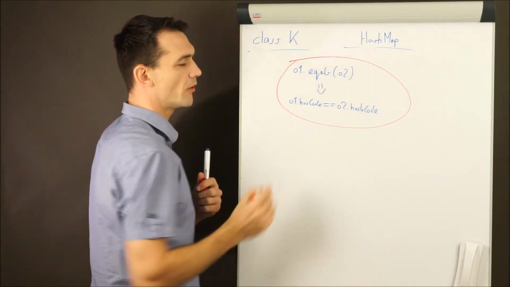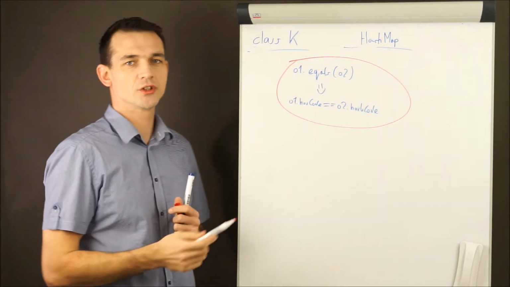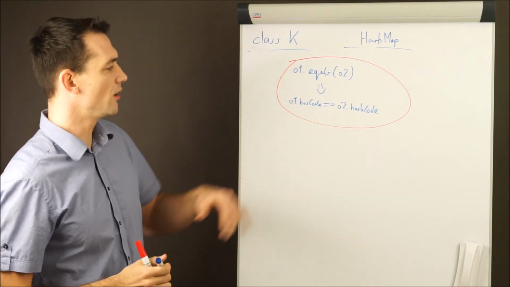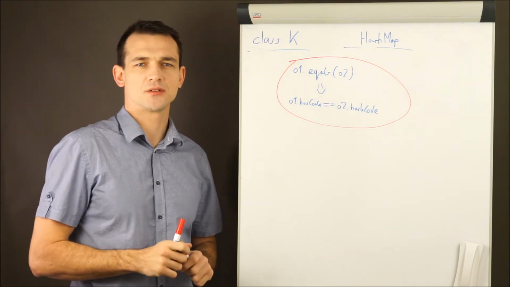This is the most important part of the hashCode equals contract. This is a must-have element of this contract.